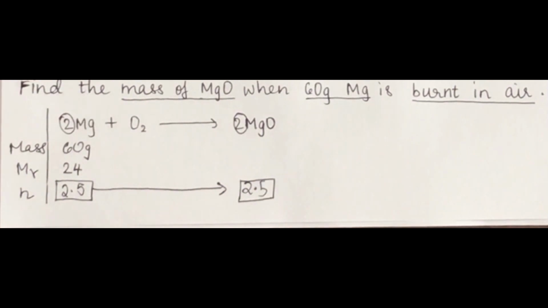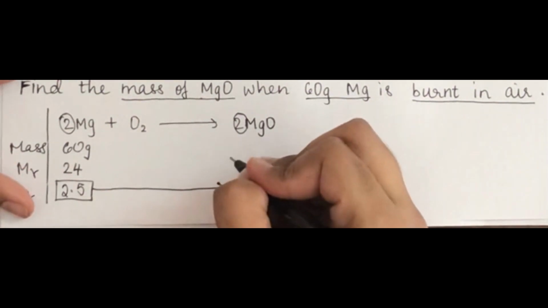Now, we have the number of moles. We need to find the MR of MgO. So we can use the periodic table again, and oxygen is 16 plus 24, that will give us 40.